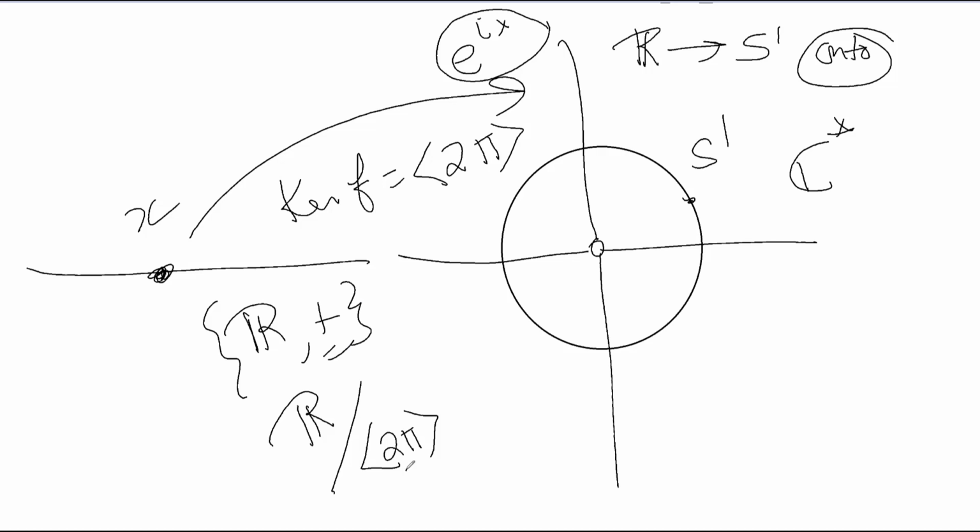So this is the normal subgroup, this is the factor group, and here what we have is that this factor group is isomorphic to S1. It looks like we are just wrapping it over into a circle, but let's not get that sophisticated yet.